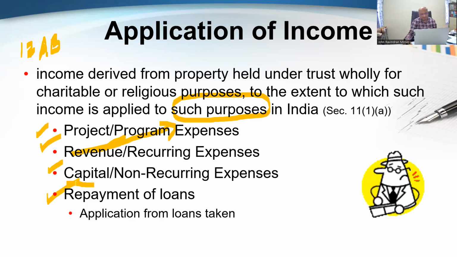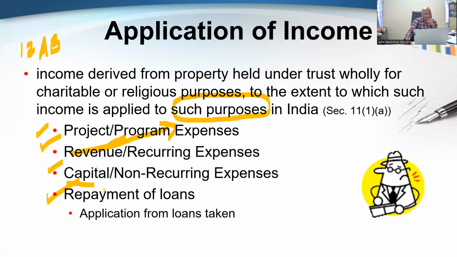Supposing you wanted to buy a school van and you don't have so much money now, what you do is that you take a loan from the bank and then buy a vehicle. The law says that the repayment of loan is also allowed as application.